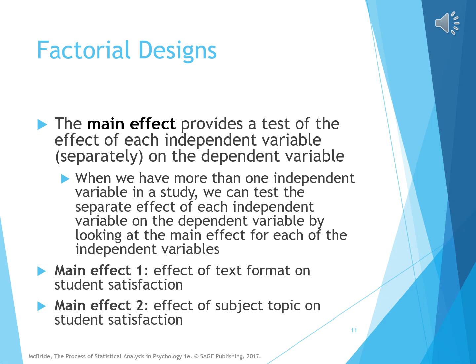The main effect is a test of the effect of each independent variable on its own with the dependent variable. So in the example we just talked about, we've got 2 different main effects. We've got one main effect, which is the effect of textbook format on student satisfaction. We've also got a second main effect, which is the effect of subject topic, psychology or chemistry, on student satisfaction.